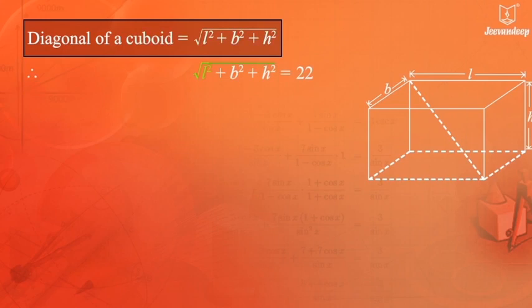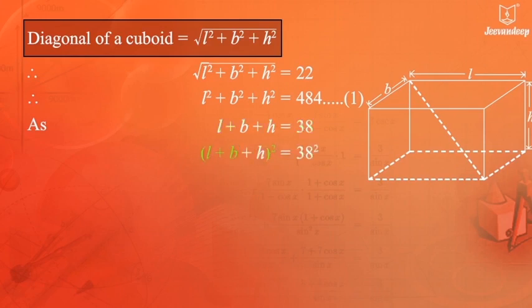Diagonal of a cuboid is given by root L square plus B square plus H square. Therefore, root L square plus B square plus H square equals 22, or L square plus B square plus H square equals 484. Equation 1. As L plus B plus H equals 38, L plus B plus H whole square equals 38 square.